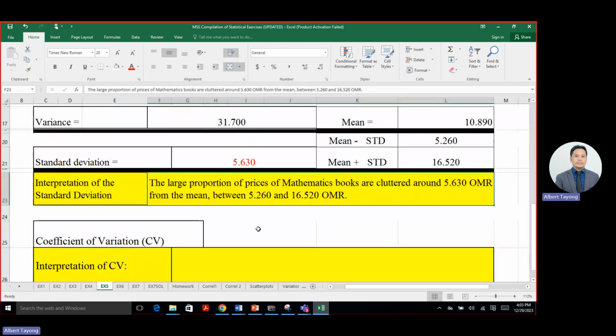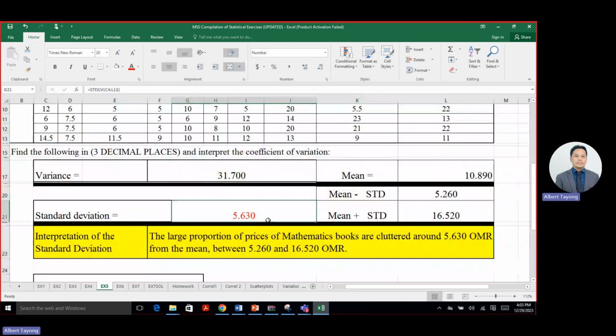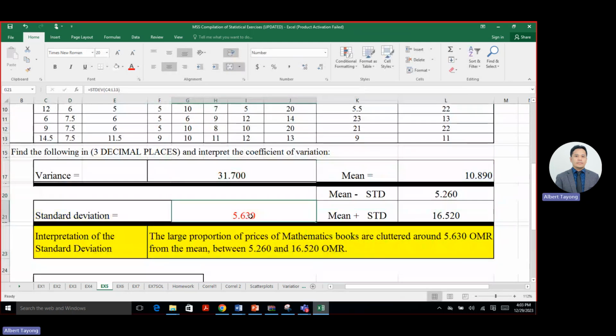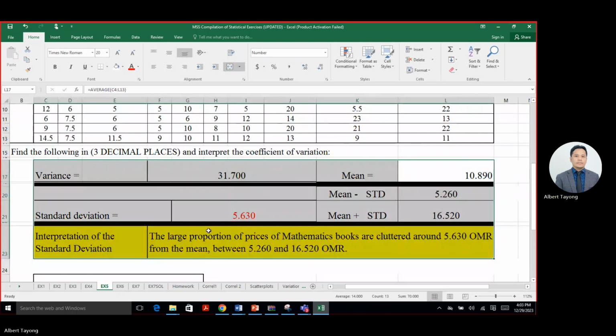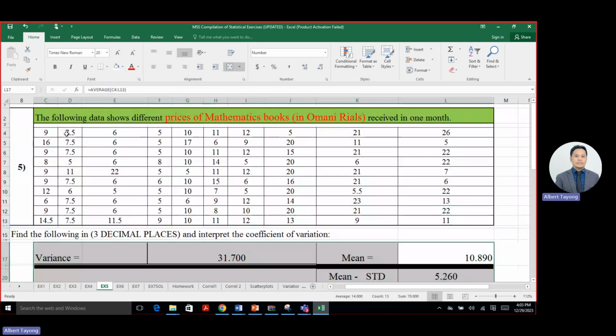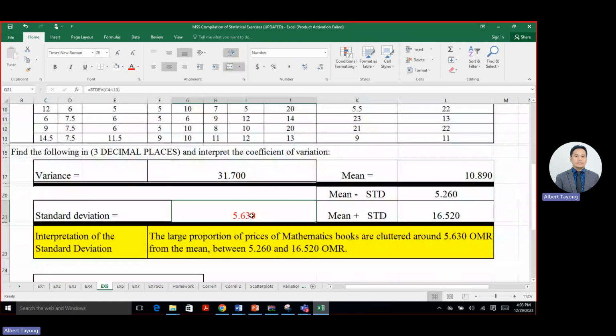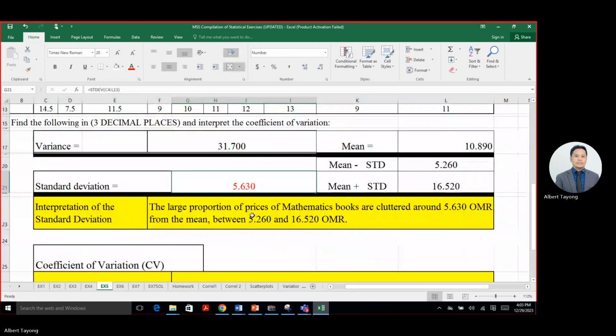Now, we know that most of the values are from 5.260 until 16.520, and that the average distance from the mean of these scores is 5.630. The question is, is this far or not?